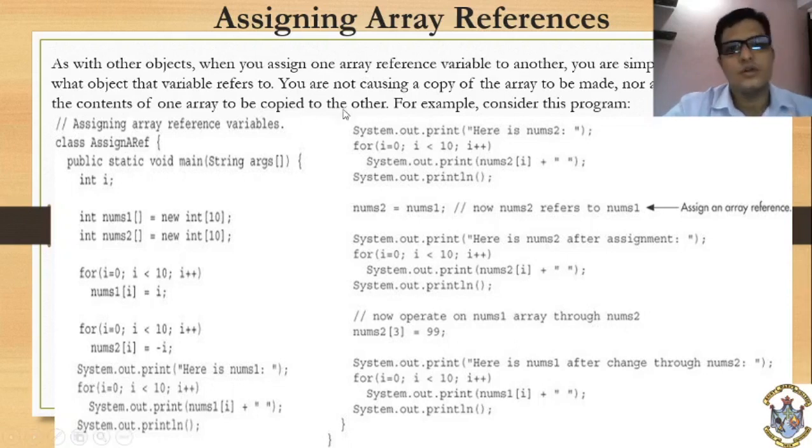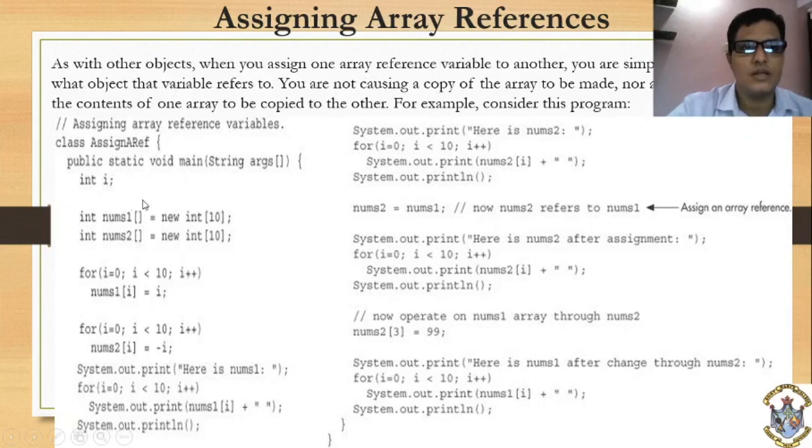Please observe here. To understand this more, you have to pay more attention to this example. Now let us see what the example is. Class AssignRef. You have clearly given the class name as AssignRef. Next you are writing the main method: public static void main(String args[]).